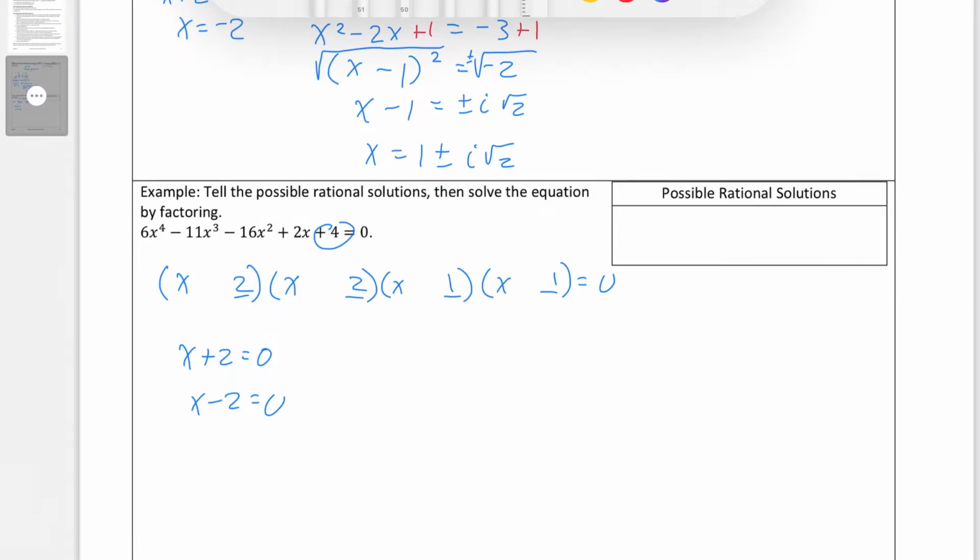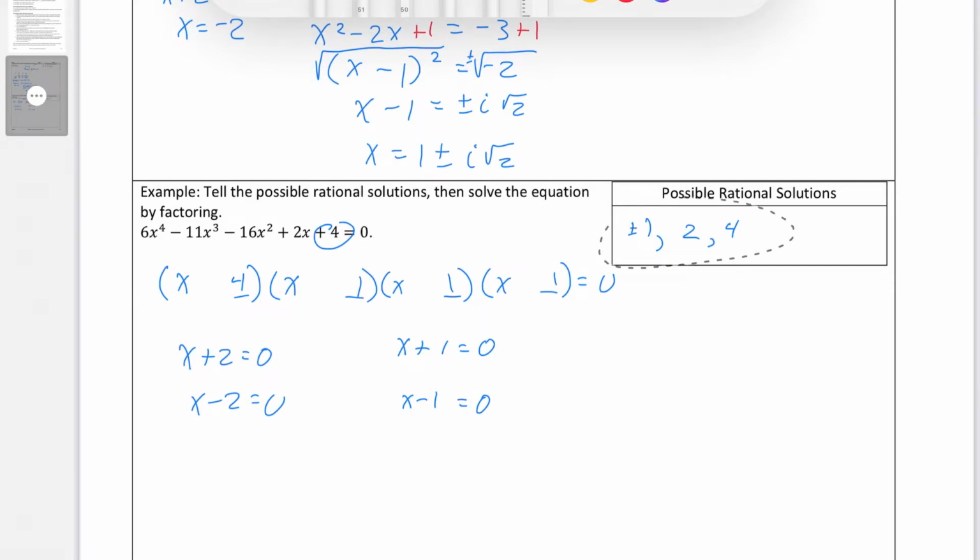And if I had a factor of an x with a 1, I don't know if it would be x plus 1 or x minus 1, but when I set the factors equal to 0, I would have solutions of either positive 1 or negative 1. That's why I put the 1 and the 2 in that list. But remember, one of the other possibilities was there could have been a 4 there, and that's why I also include that 4 there, and that's why I put the little plus minus there.